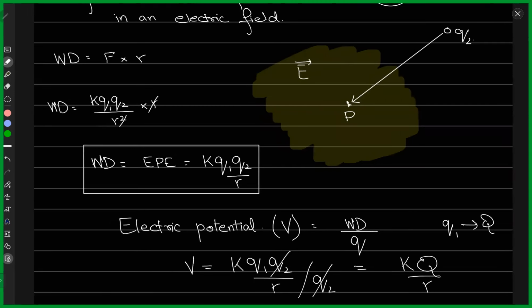So this point P, we said that this would be at distance infinity, right? So the work done in bringing this charge Q2 from infinity. Because as long as you can say that it is very far apart, you can use this approximation of a point charge, right?